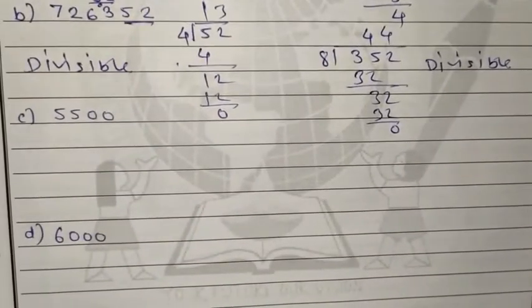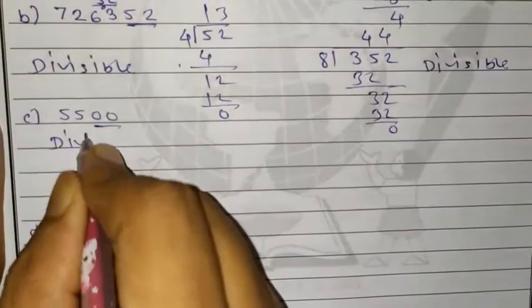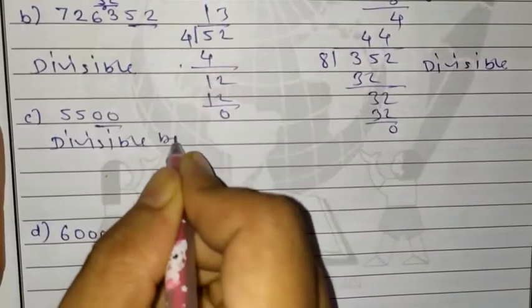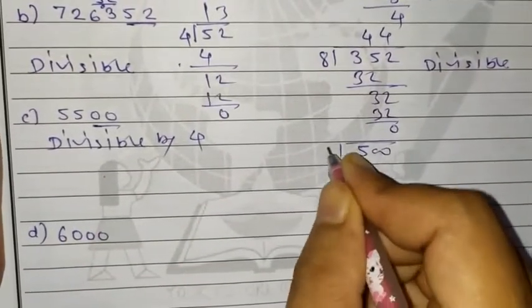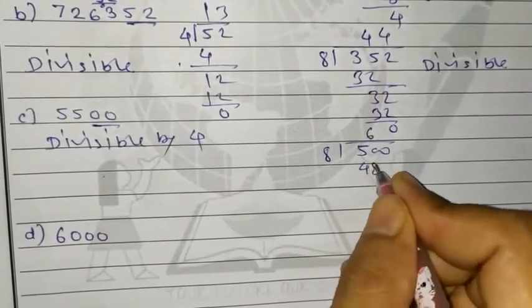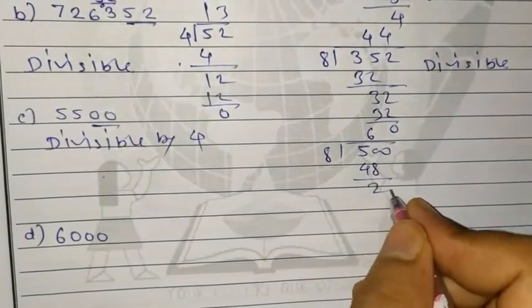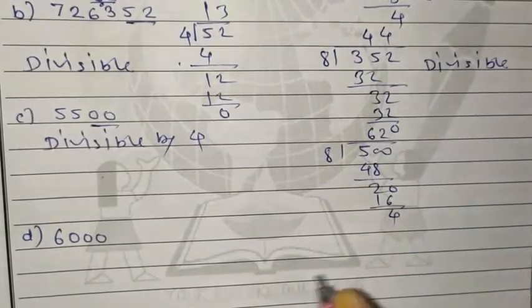Now in the C part, last two zeros are there, so you can directly write divisible by 4. Now the last 3 digits are 500 divided by 8. 8 into 6 is 48. The remainder will be 20. 8 2s are 16. The remainder will be 4.